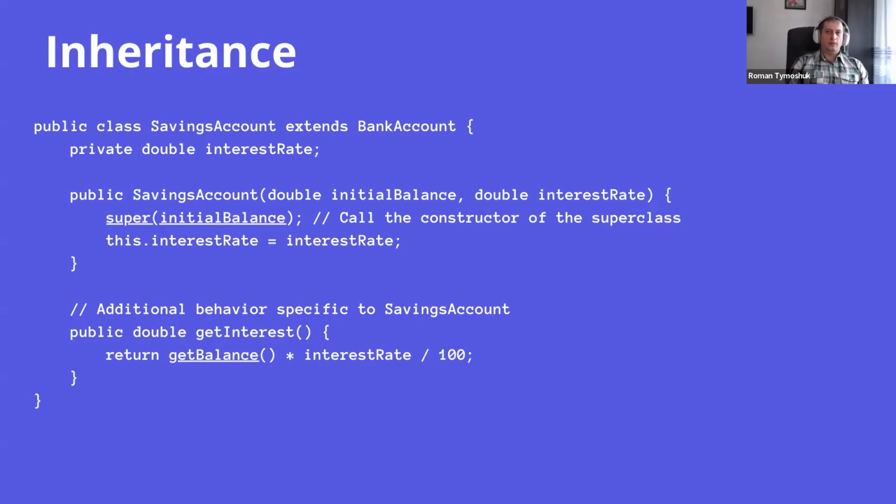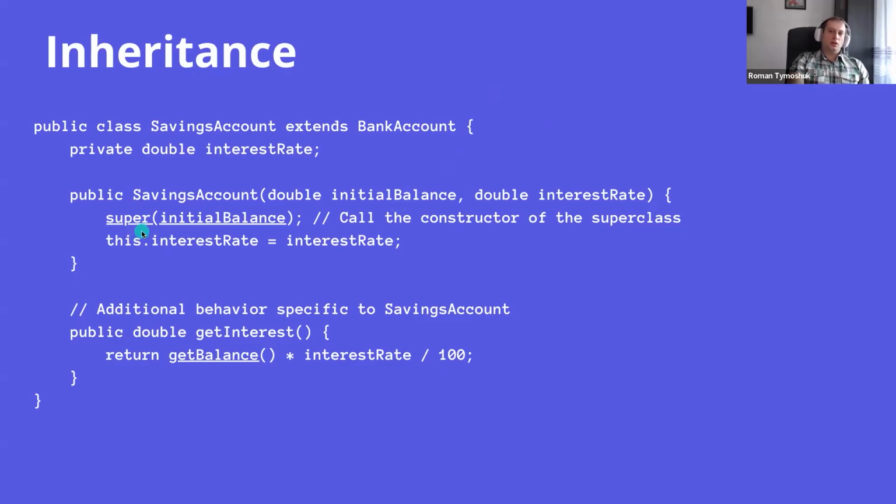The main difference from the typical bank account to savings accounts is just that we need to store the interest rate. We have a constructor here, the savings account being constructed and provided with the information about initial balance and interest rate. As the initial balance logic is already implemented in the bank account, we can call the constructor from the parent class.